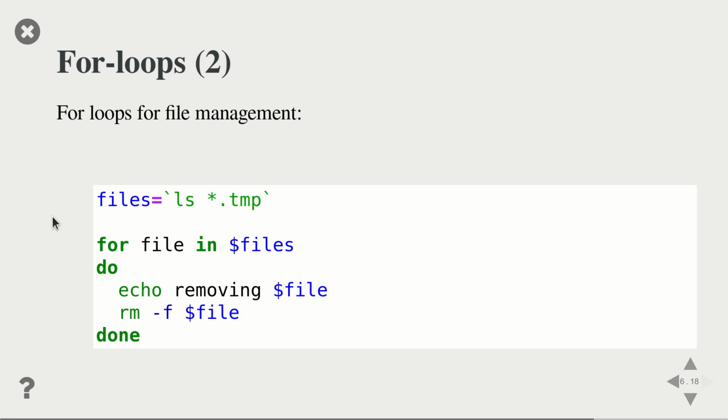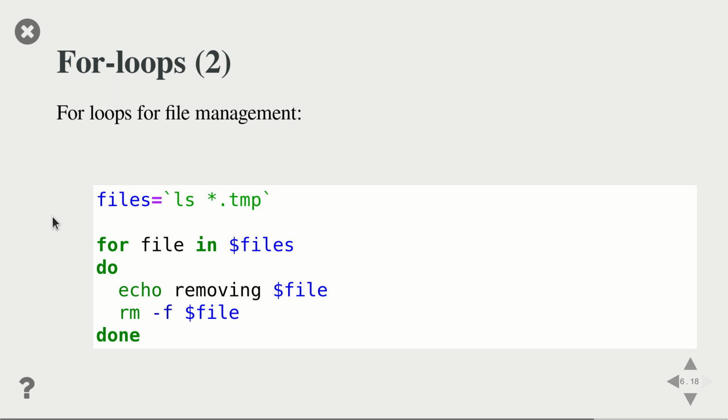So this is also quite useful for file management. For instance, if you have a lot of temporary files and you want to remove them, you could write a script like the following.